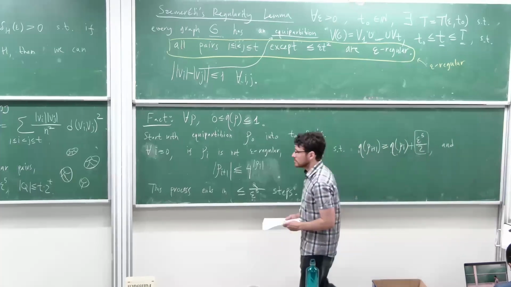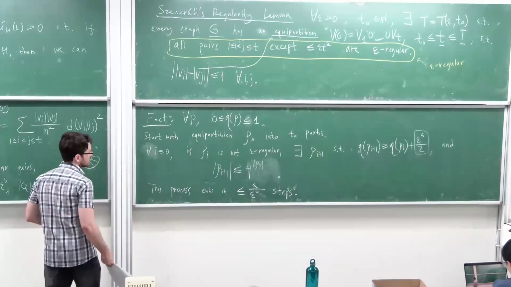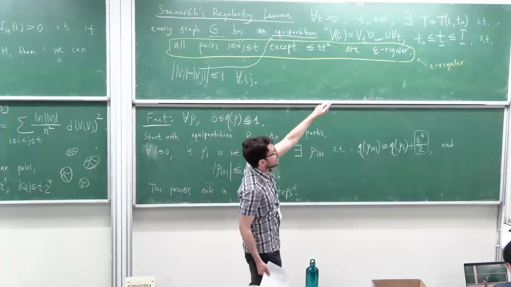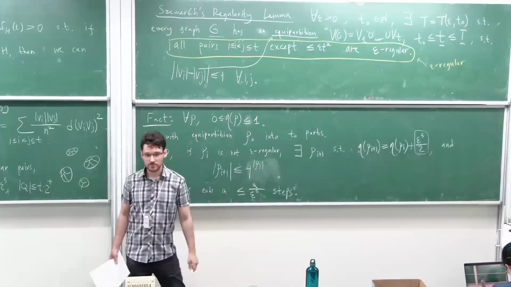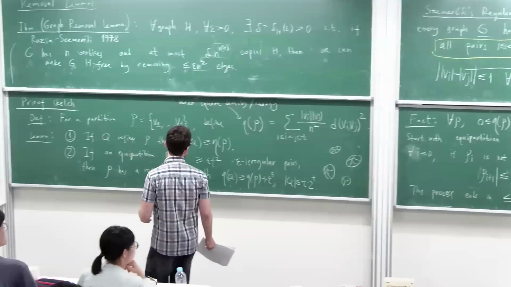Okay. So the next thing you can ask yourself is what is this number T? How does it depend on epsilon? So what do we get from this proof?